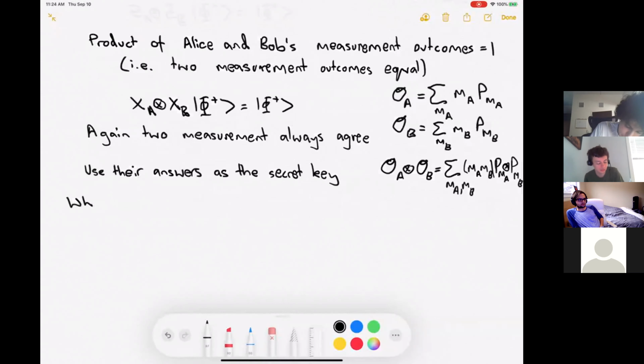What can Eve do to try and interfere with this? Well, she can interfere with the process whereby they're sharing this Bell state, so that it's not actually in the Bell state, or maybe it's even entangled with some state that she has, right?